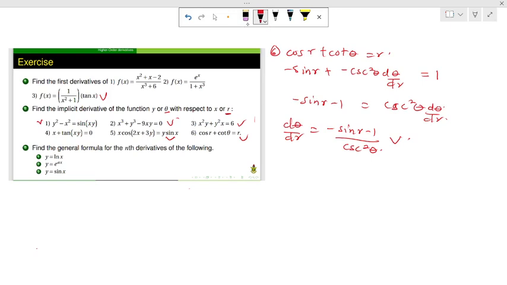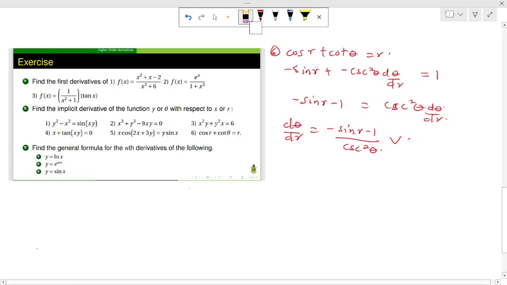So on that note, let's come to this new set of problems, which say find the general formula for the nth derivatives, and how do we go about such problems. So let me get a new page for it.